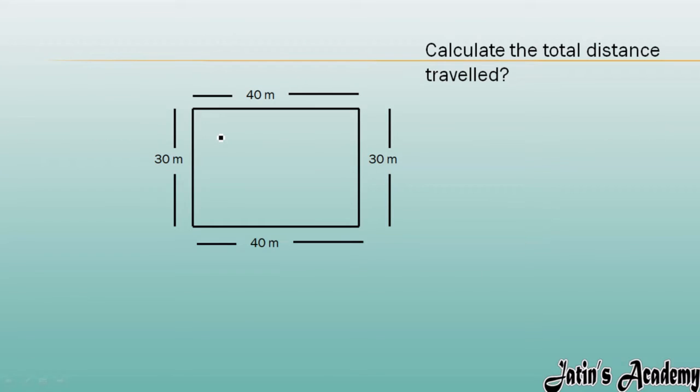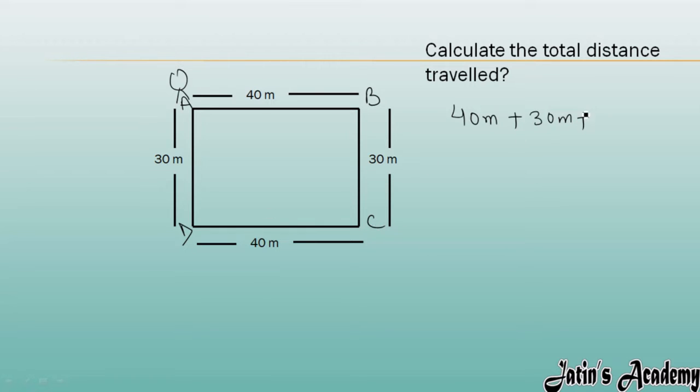Next we are having one numerical related to distance. Calculate the total distance of this path. For example, this boy is standing here at point A. He wants to go again to point A. So how will he move? Firstly, he will go from point A to point B. From point A to point B, how much distance? 40 meter. Then from point B to point C, 30 meter.